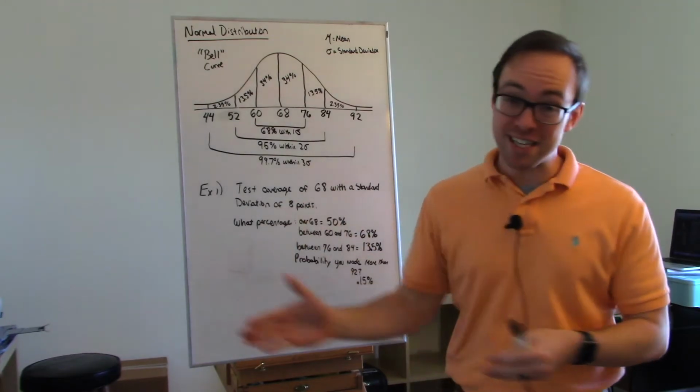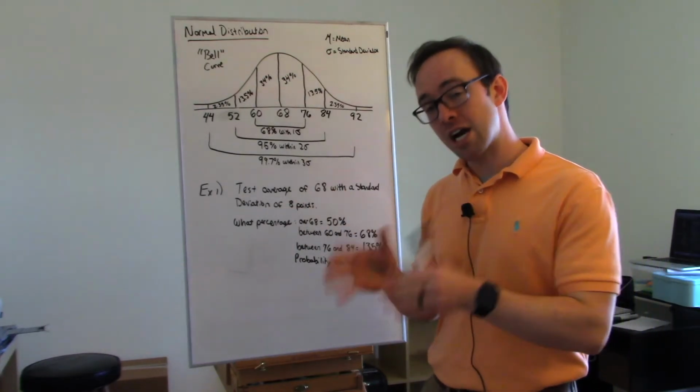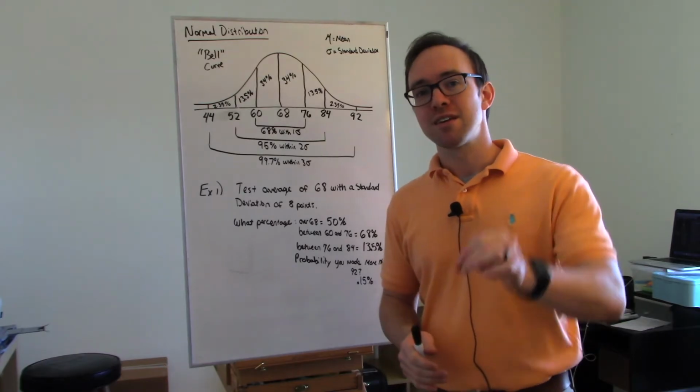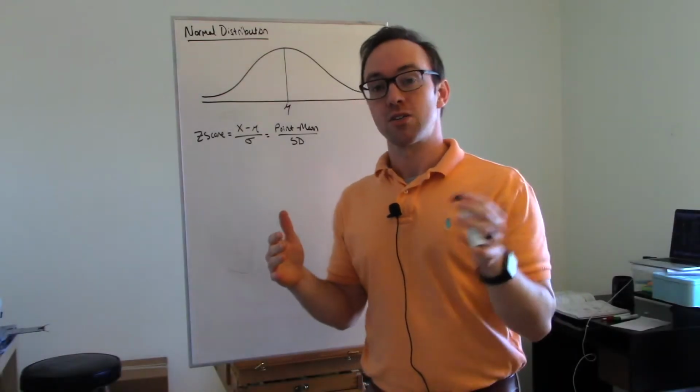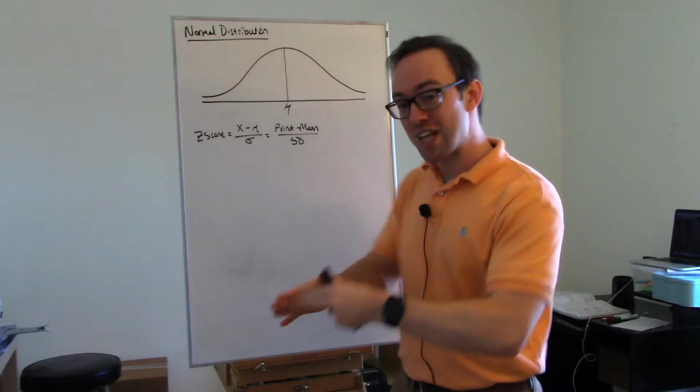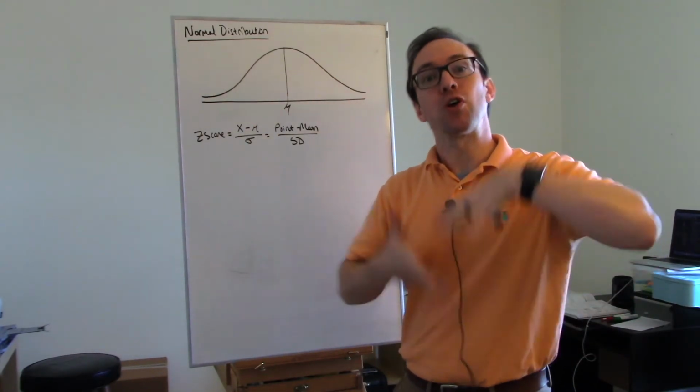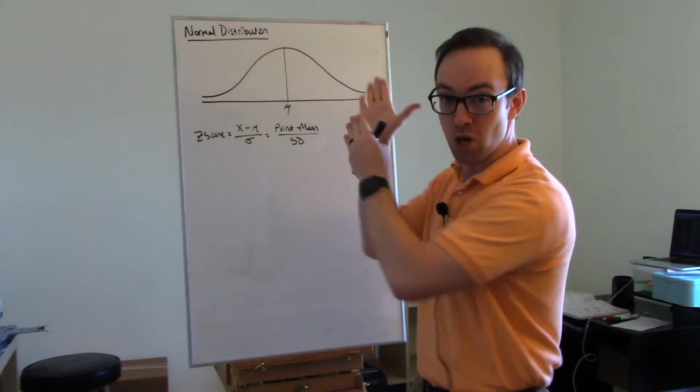Now let's look at the z-score and how to calculate the z-score and what it means when it comes to the normal distribution. The z-score will tell you exactly where it is in terms of the number of standard deviations away from the mean, either above or below.